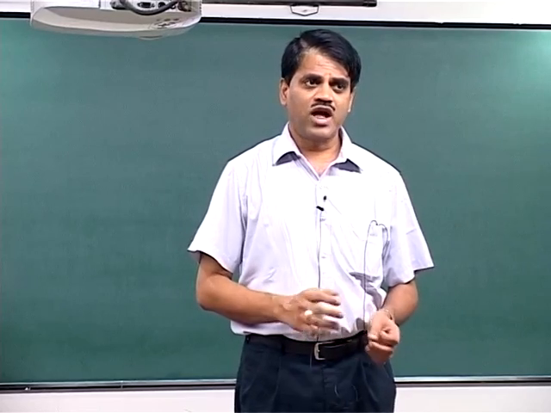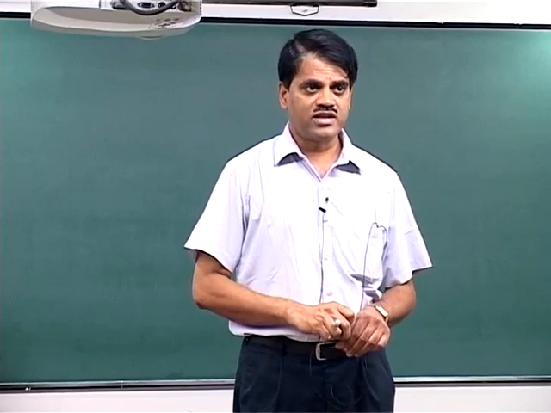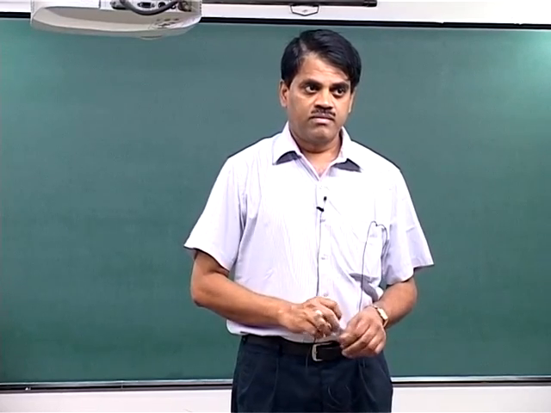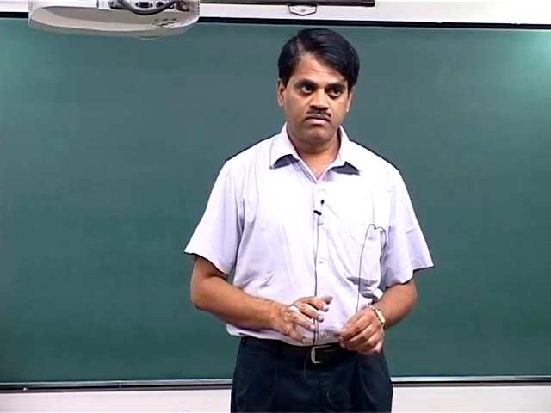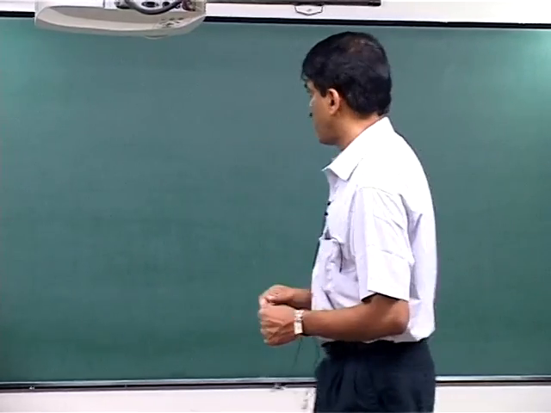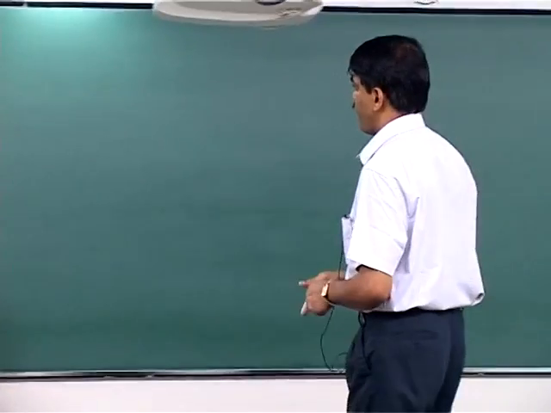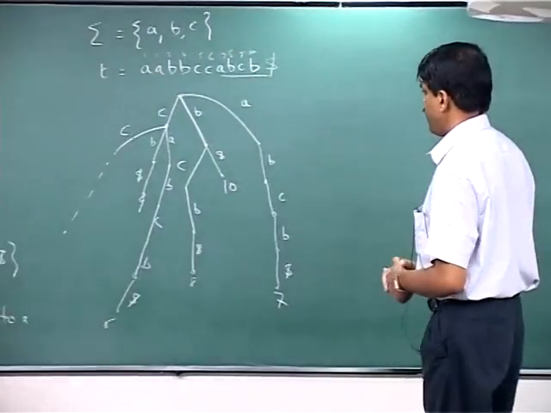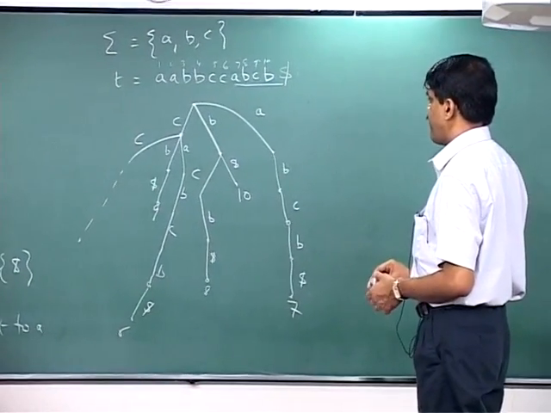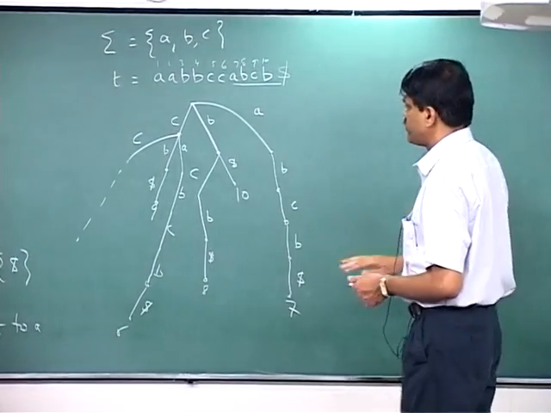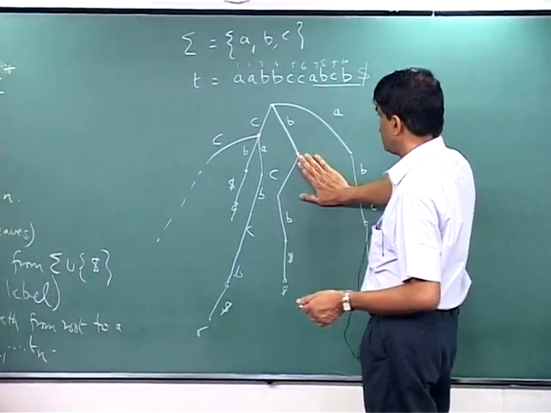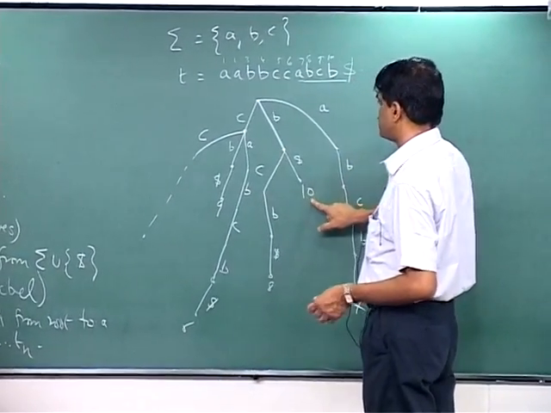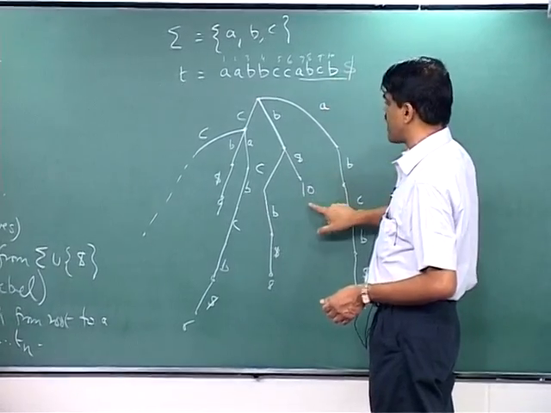Yeah, why did we need to add this? There was some reason we added this. Yeah, exactly. Right. So if I did not add this, then how do I capture the suffix 10?